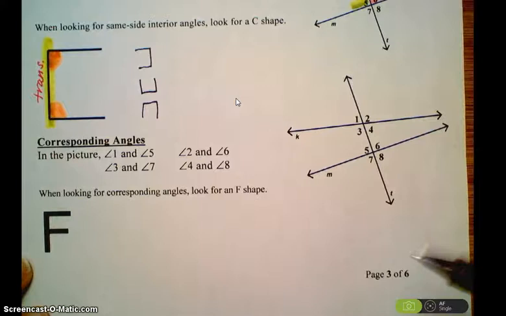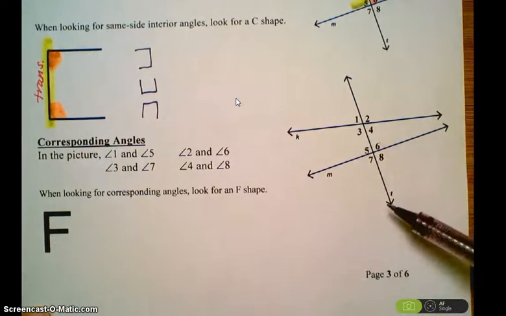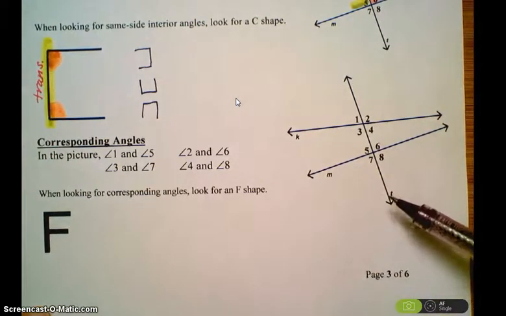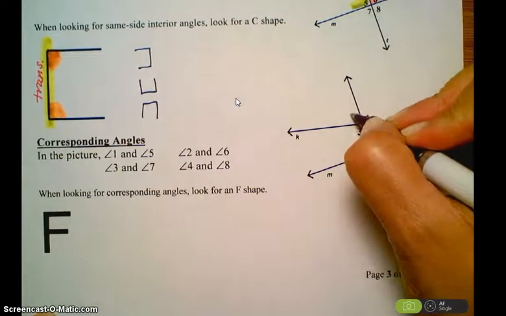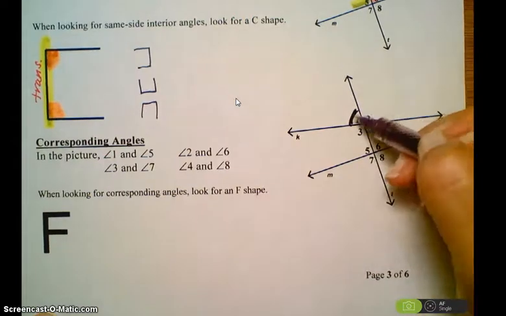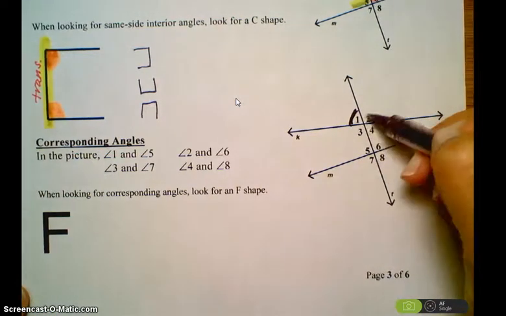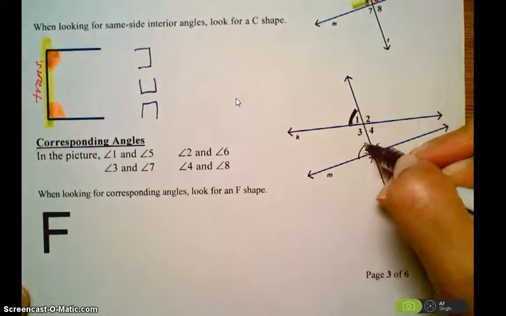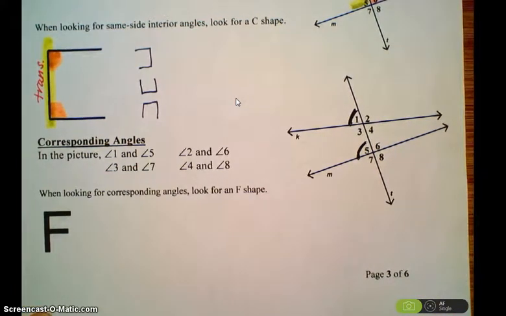And they're called corresponding angles because, again, when you have your two lines being crossed by a transversal, you'll notice that angle 1, which is up here, is in the upper left location of this group of 4, and angle 5 is also in the upper left location of that group of 4.